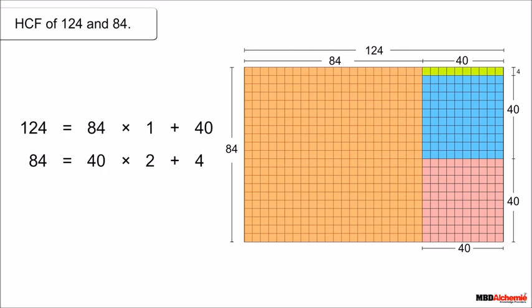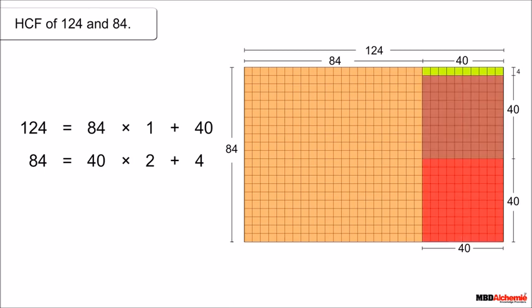In the figure we have a rectangle of length 84 and breadth 40. Out of this rectangle, 2 squares of 40 by 40 have been taken out and a rectangle of 40 by 4 is the remainder. Now again the previous divisor, that is 40, becomes the new dividend and the previous remainder, that is 4, becomes the new divisor. Now 40 is divided by 4 and no remainder is left.